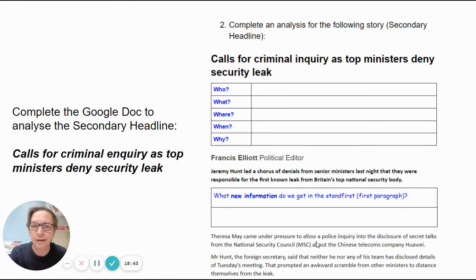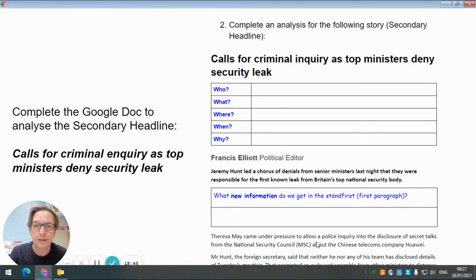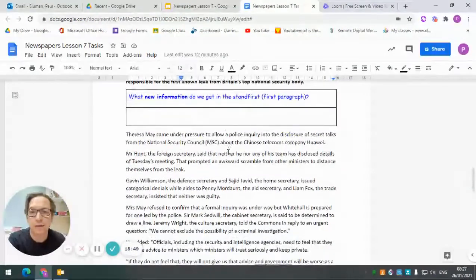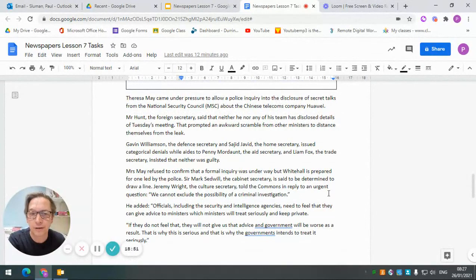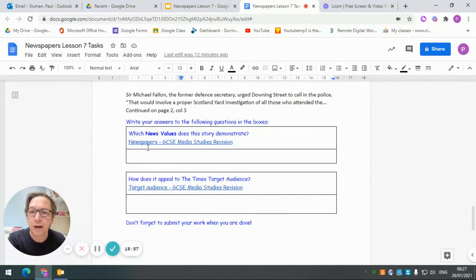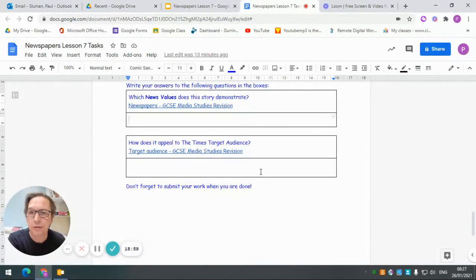Because there are further tasks that I'd like you to have a go at on the sheet. So if we have a look here, you'll see that I've typed it out because it's quite hard to read on the CSP. And see if you can answer the questions in the boxes here, please.